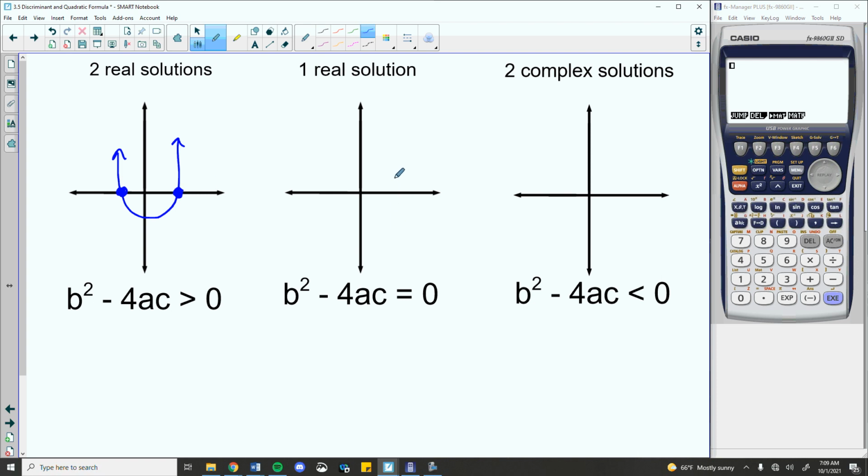If I have 1 solution, my parabola would only cross at that point. That would be the only point that touches my x-axis. And if I have 2 complex solutions, my graph is never going to touch or cross my x-axis. So: 2 real solutions, 1 real solution, no real solution, or 2 complex.